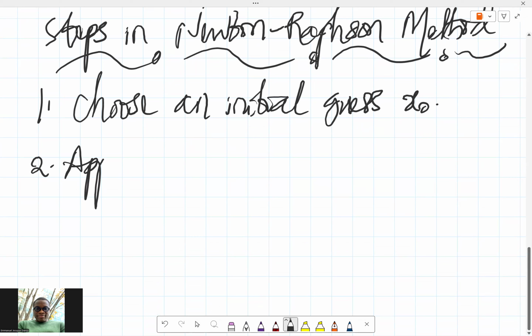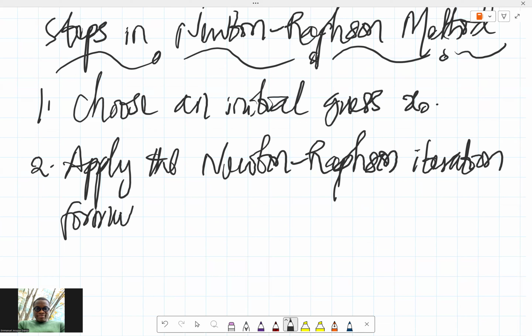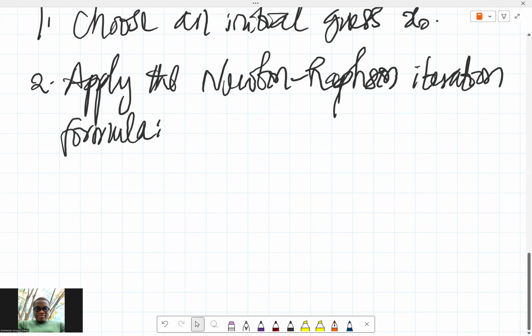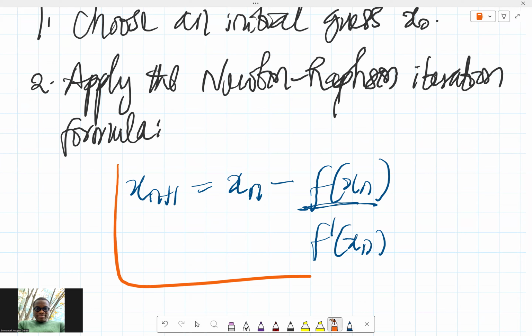That's why it's a 1-point method. Then we apply the Newton-Raphson iteration formula: xn plus 1 is equal to xn minus f of xn divided by f prime of xn. That's why we need the function itself and its derivative. This formula is really the key here.